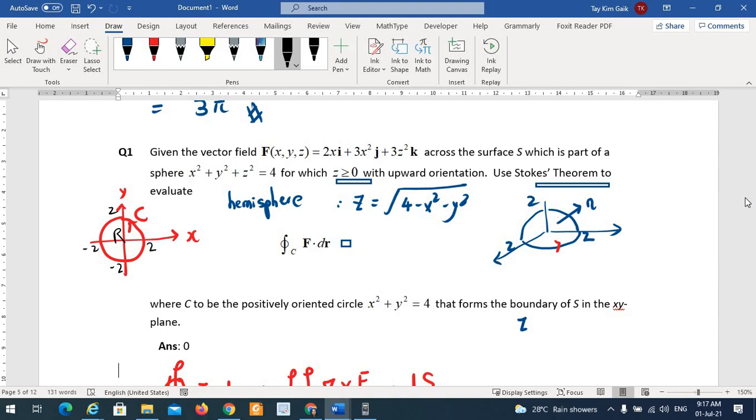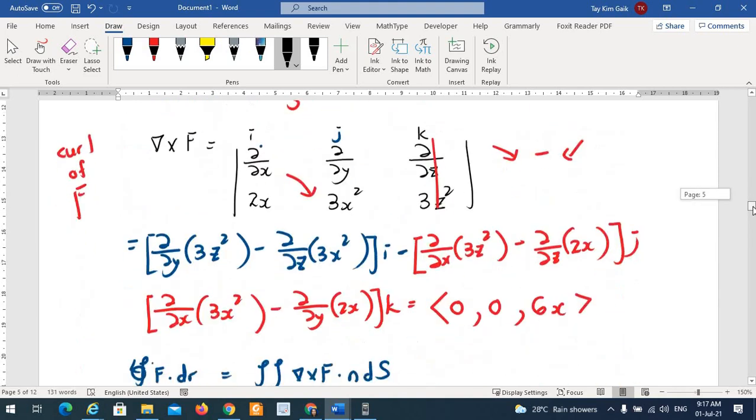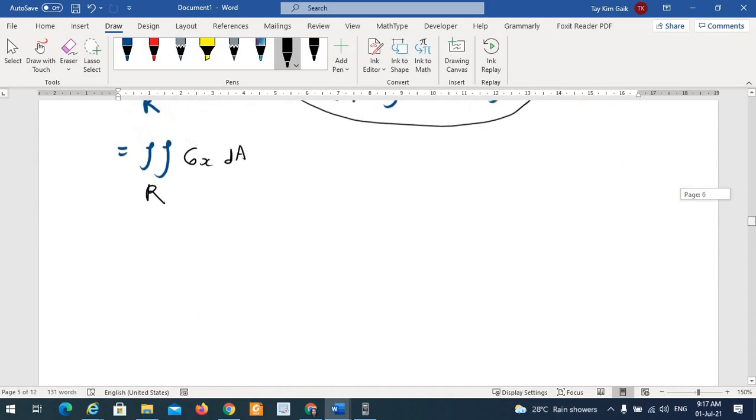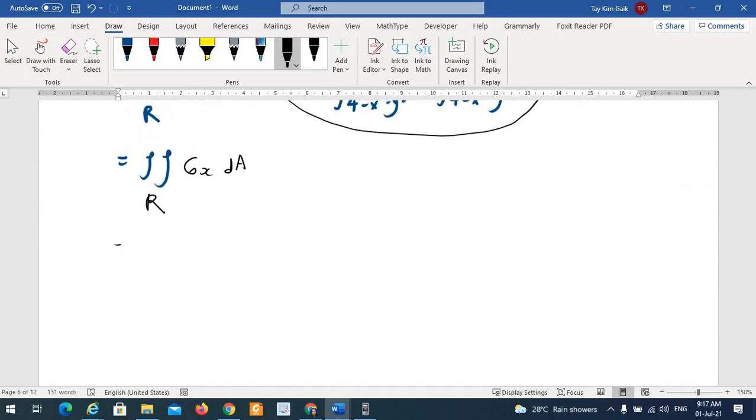So we use polar coordinates where r is 0 to 2 and theta is 0 to 2 pi. Here, theta 0 to 2 pi, r 0 to 2. x is r cos theta, dA is r dr d theta.